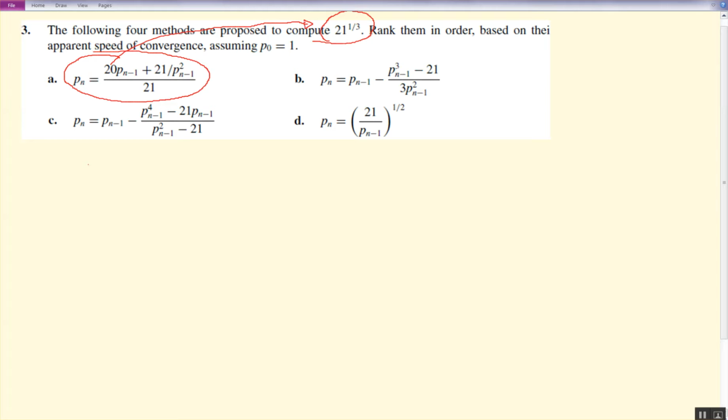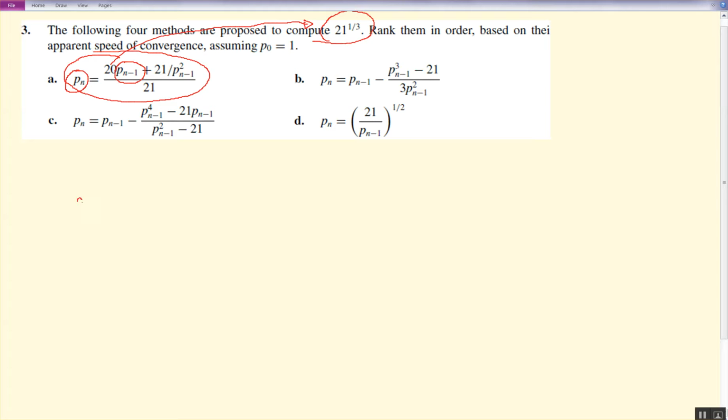Now, if the sequence converges, then you will expect Pn is very close to Pn minus 1 when they are convergent, right? So this is the first big idea. When they're convergent, these two values are supposed to be very close.